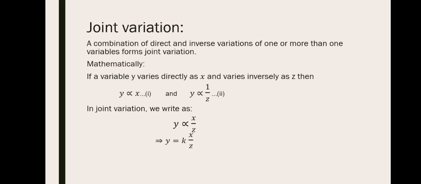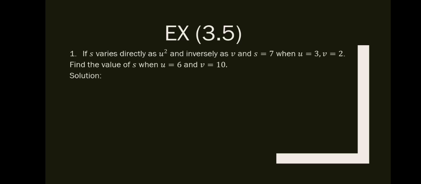By removing the sign of proportionality we just get sign of equality and a constant k, where k is constant of variation. So this is the way how we combine the two or more variations on the basis of the common variables to form joint variation. Now we will do exercise 3.4.